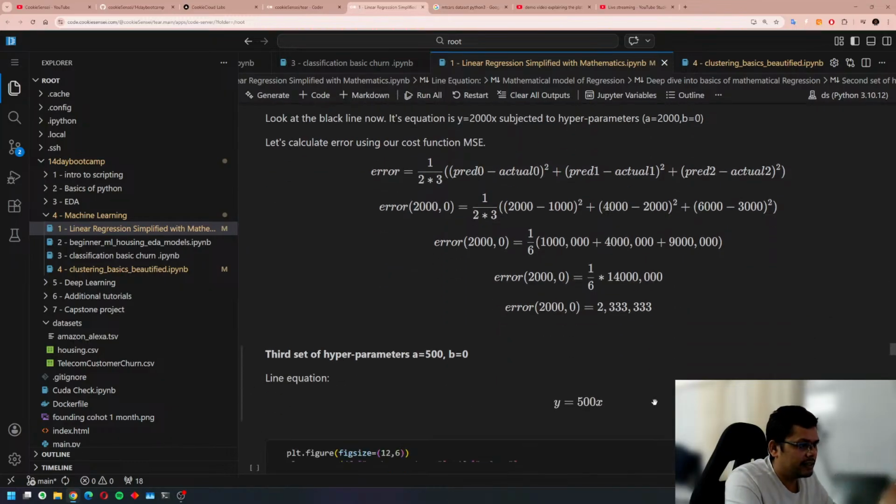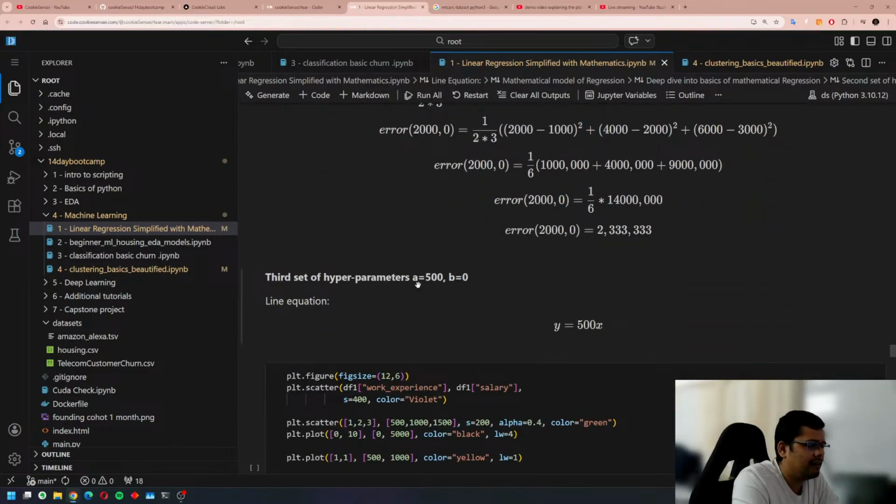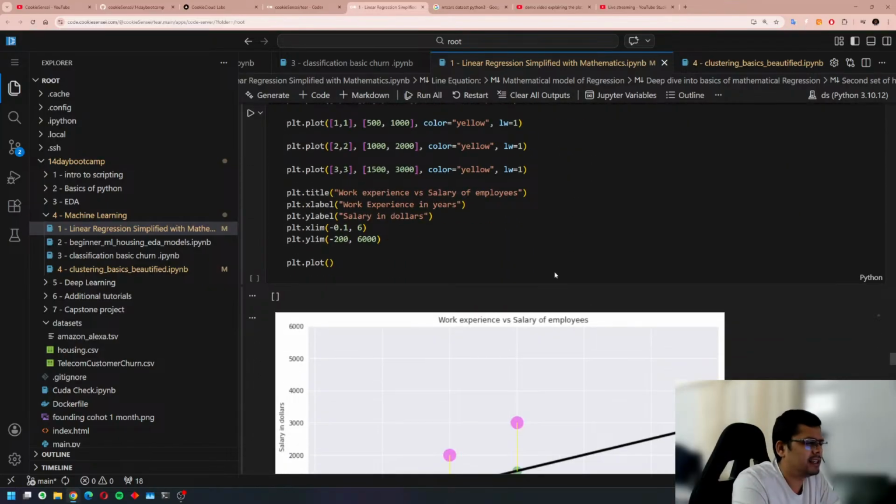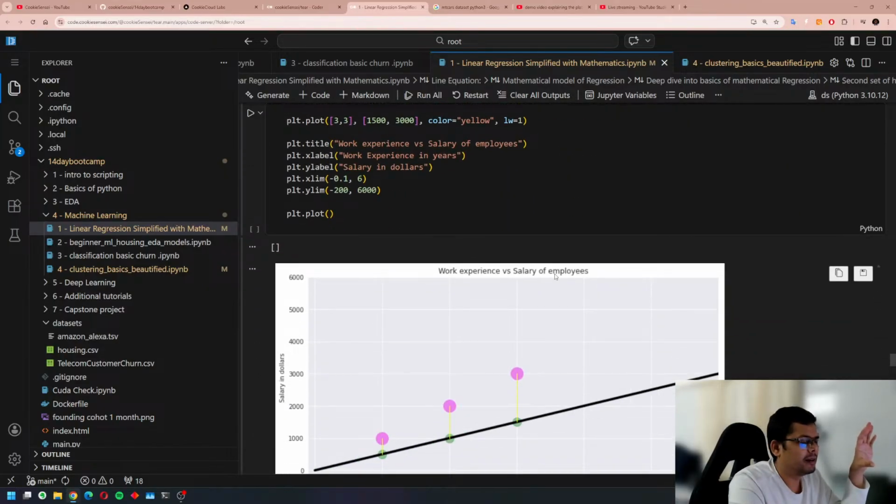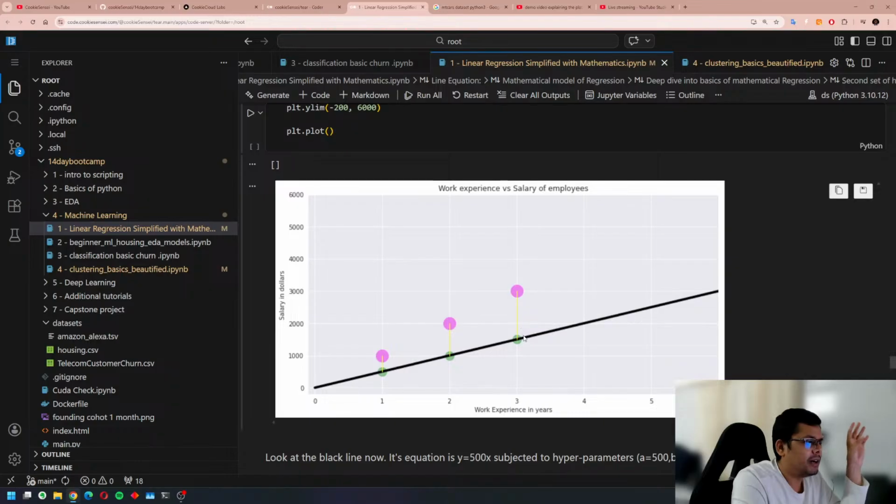So let's take a look at the third case. In this case, I'm taking the value of A as 500 and B as 0. I'm intentionally keeping the value as 0 to simplify things, so that I only change the parameter A. If I take the y equals 500x equation, the line is something like this.